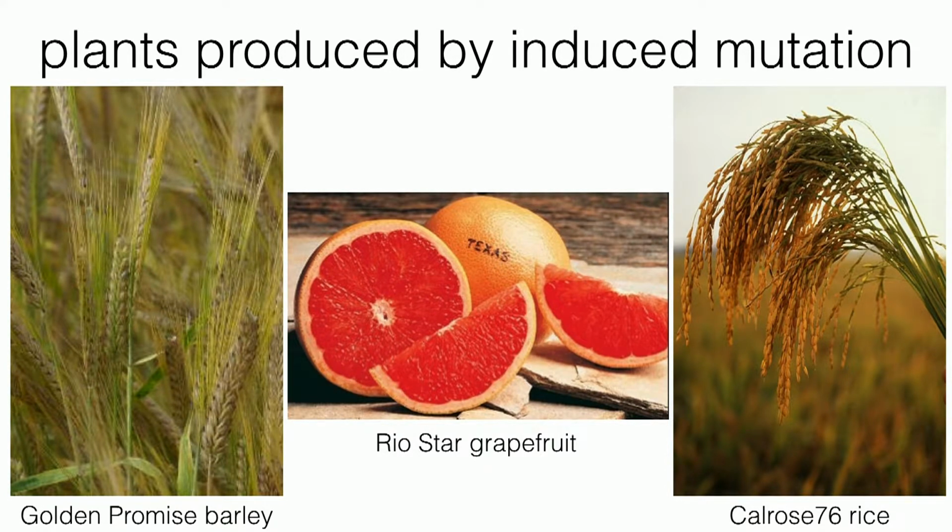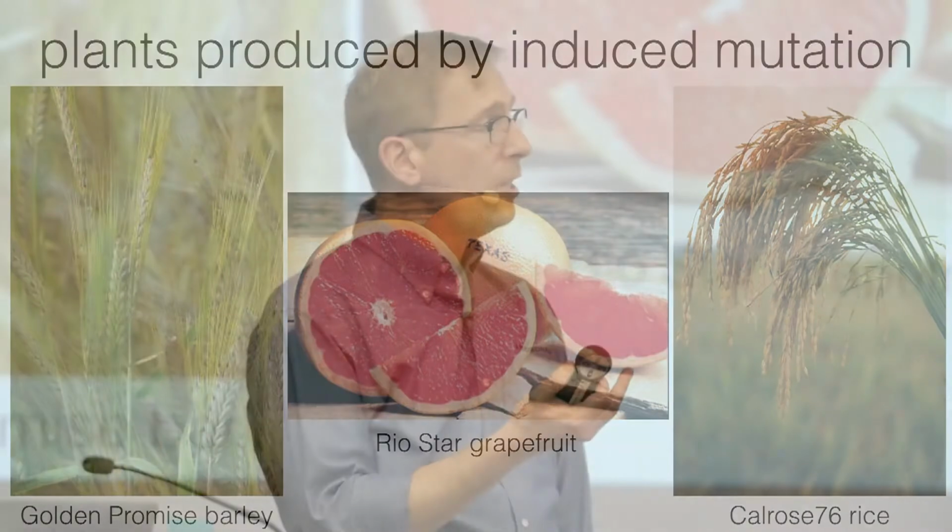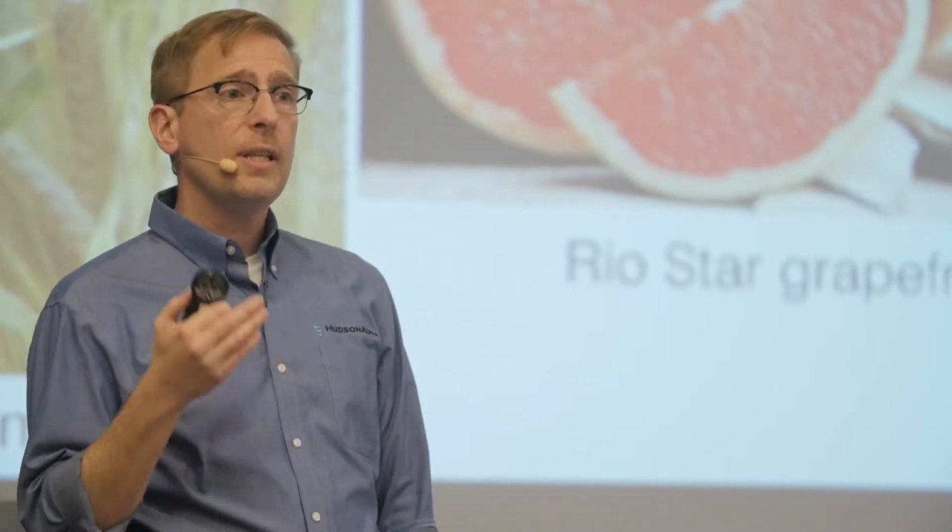Rio Star grapefruit. If you like ruby red grapefruit, I love ruby red grapefruit. Ruby red grapefruit was produced by induced mutation. We took grapefruit seeds from the pink-fleshed grapefruit, irradiated them, grew them, and looked specifically for plants that had this darker flesh.